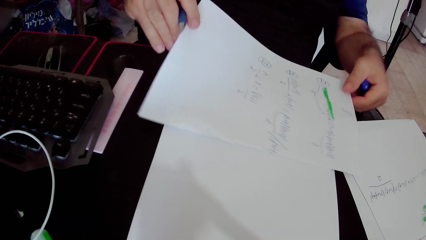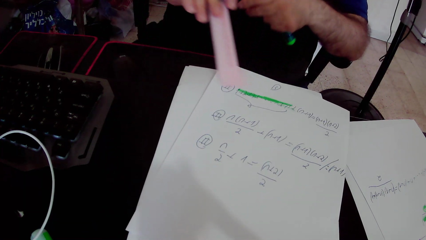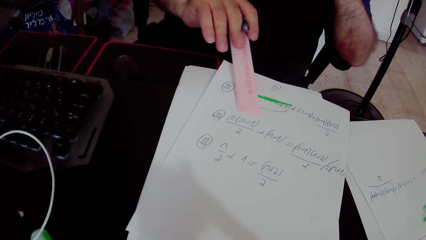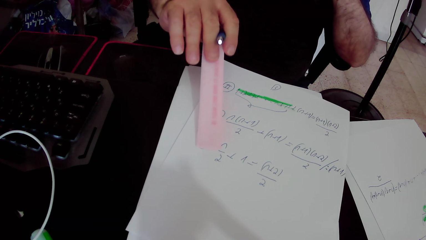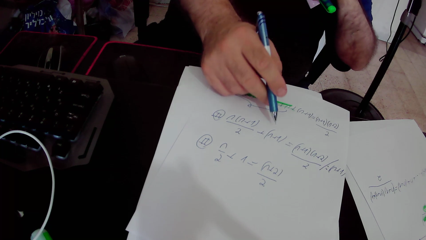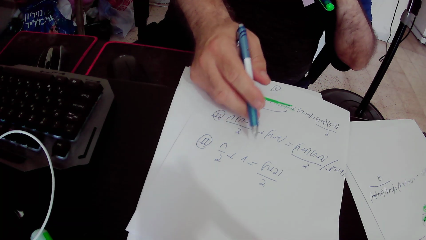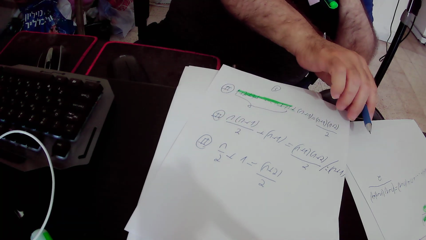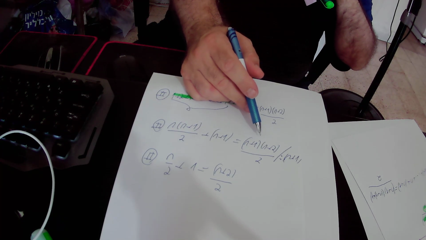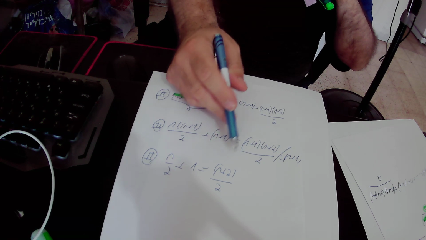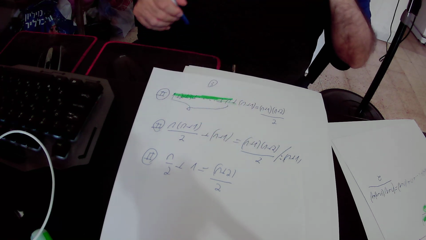So I'll show it again. n times n plus 1 divided by n plus 1 is n, divided by 2, and n plus 1 divided by n plus 1 is 1, and n plus 1 times n plus 2 divided by n plus 1 is n plus 2, and we divided by 2.